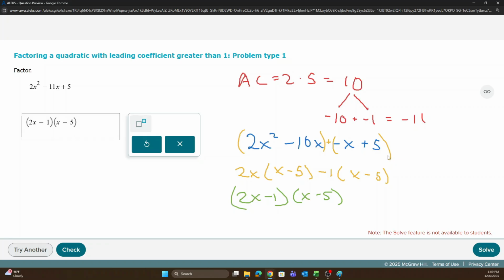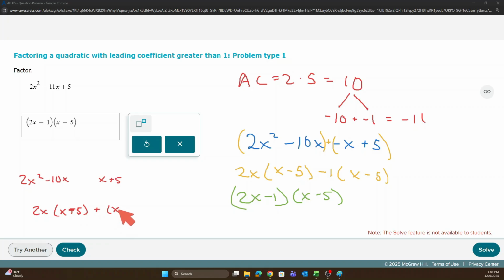Now you're probably asking, well, what if I didn't do this and we would have put in our parentheses there? It would have come out looking like our groups would have been x squared minus 10x and x plus 5. But when you did the factoring, you'd get 2x times x minus 5, sorry.